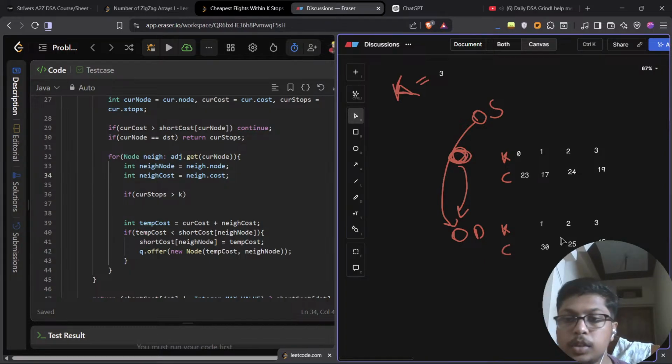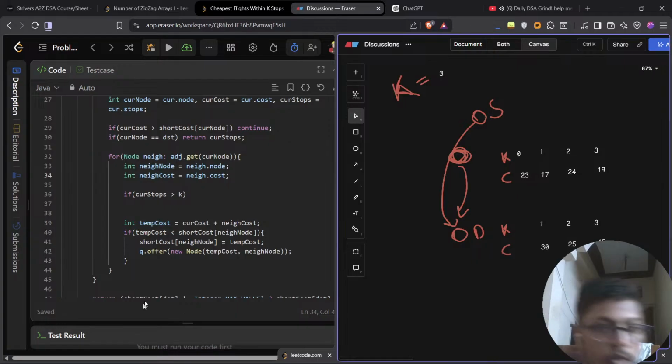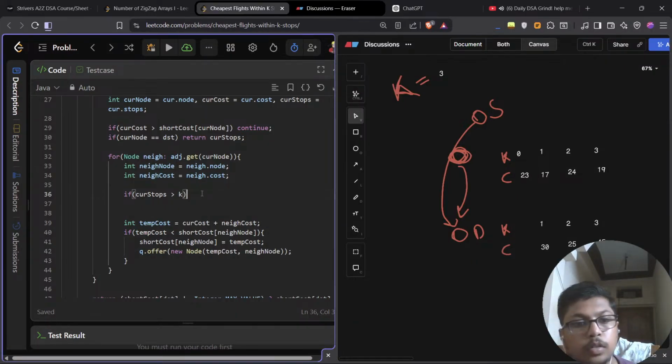We're not taking this one. Remember that since you know the current stops and the minimum cost you're carrying for that path itself.